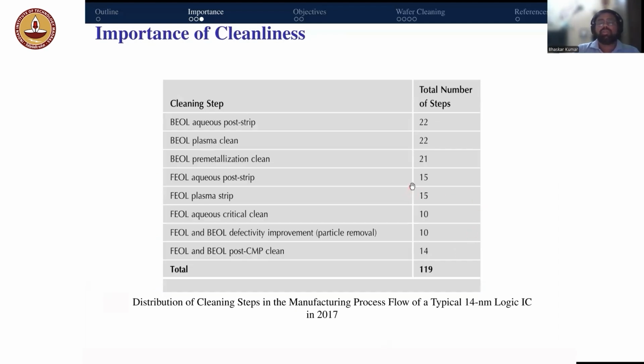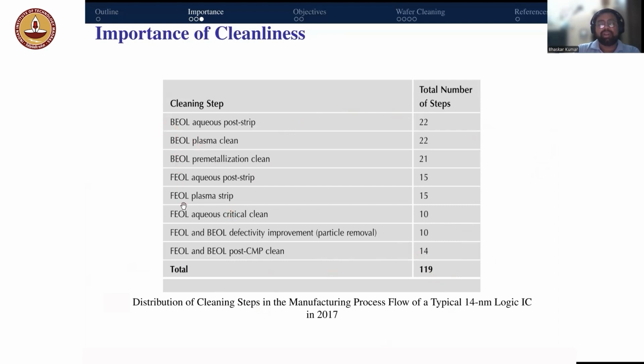So in order to assess the importance of cleanliness, here is the total number of cleaning steps in the technology node of 2017, a 14 nanometer IC technology node. You can see that there is a total of 119 steps dedicated to just cleaning.